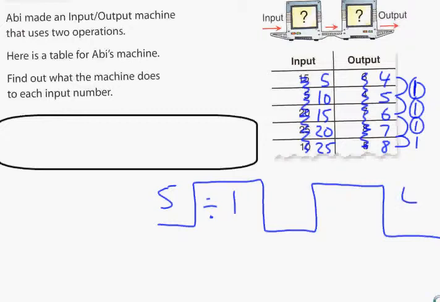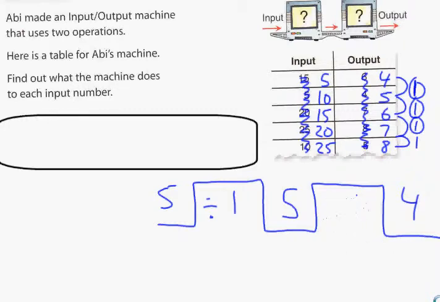So 5 divided by 1 is actually 5. And then to make it turn into a 4, I would have to have a subtract 1. That'll work for my first one, but I know it's not going to work for my second one, because 10 divided by 1 is 10, and 10 minus 1 is still 9. So that didn't work.